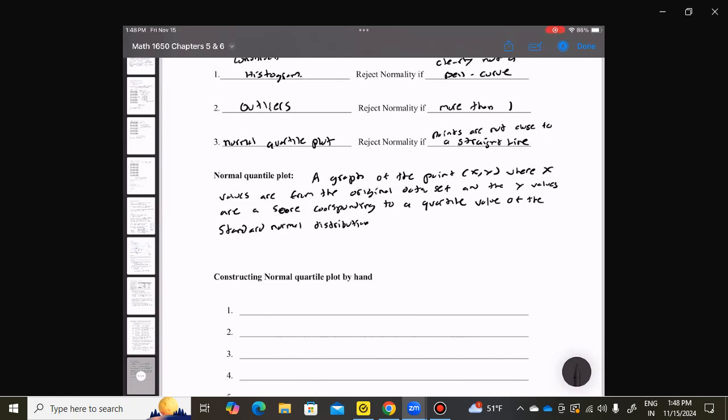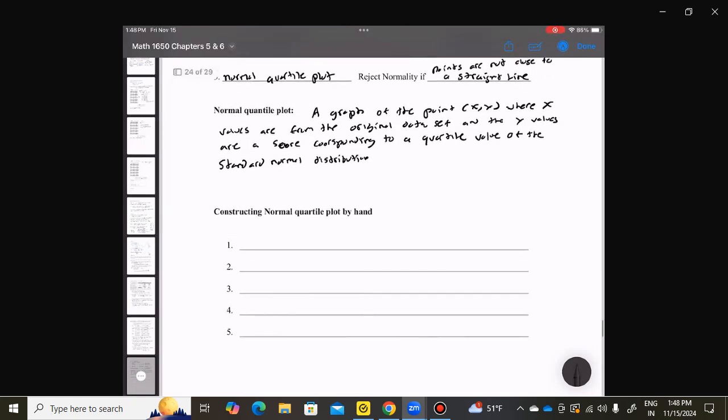Okay, so there's 5 steps to constructing this by hand. It's even simpler to do on StatDisk. First is sort the data from lowest to highest.